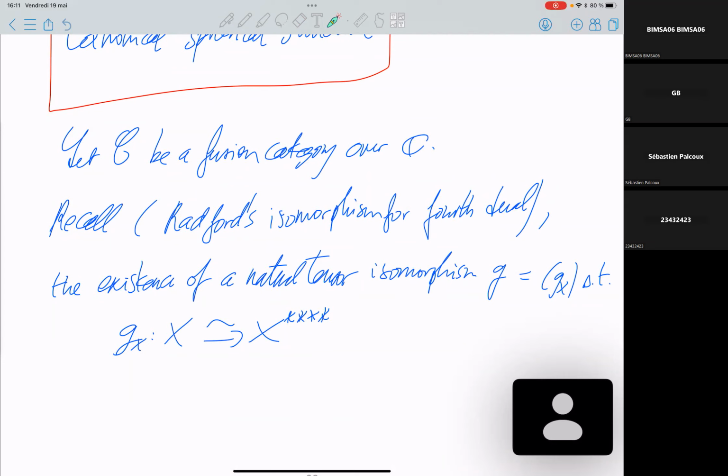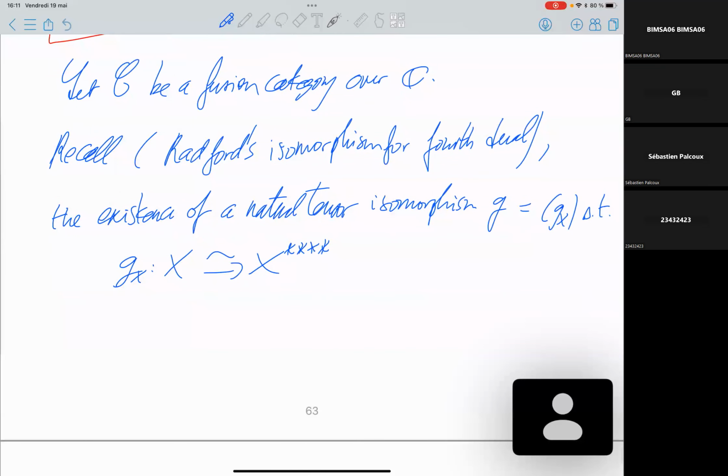Okay, so before talking about pseudo-unitary, in fact, we will mention a few details about the square root of such a tensor isomorphism.